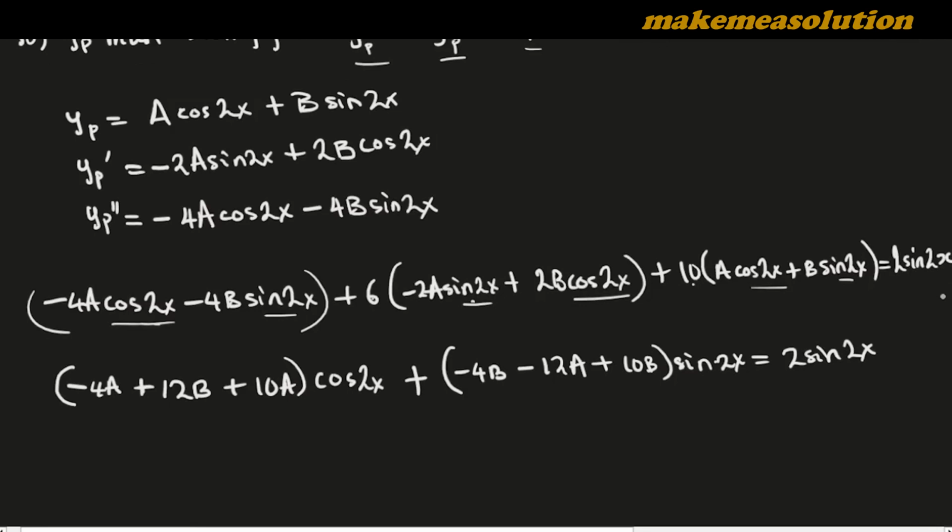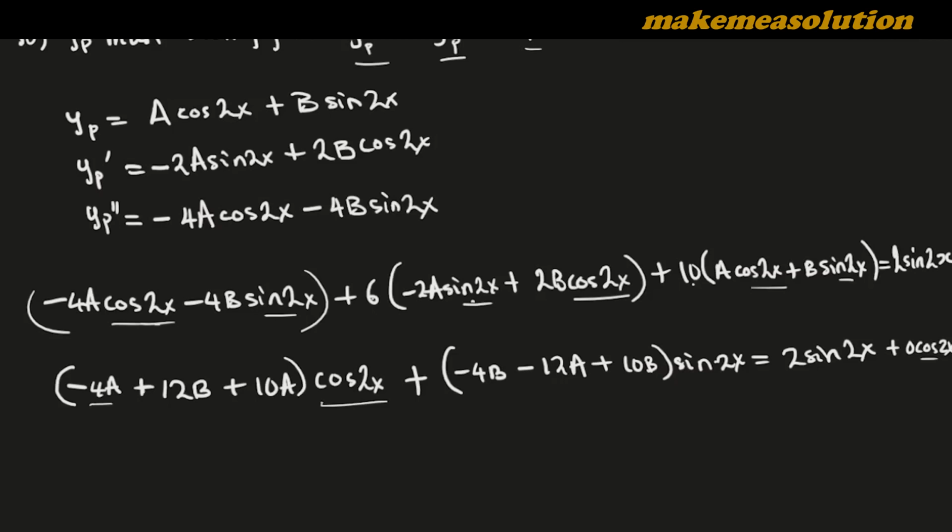So if you resolve this particular one, you can discover that cos 2x appears on the left hand side, but there is no cos 2x on the right hand side, or I can just say 0 cos 2x. Okay, so if you compare coefficients, the coefficient of cos 2x on the left hand side will evaluate to 12b plus 6a.